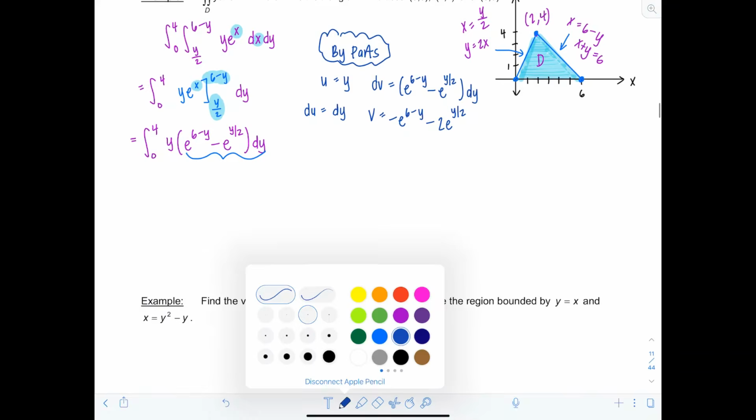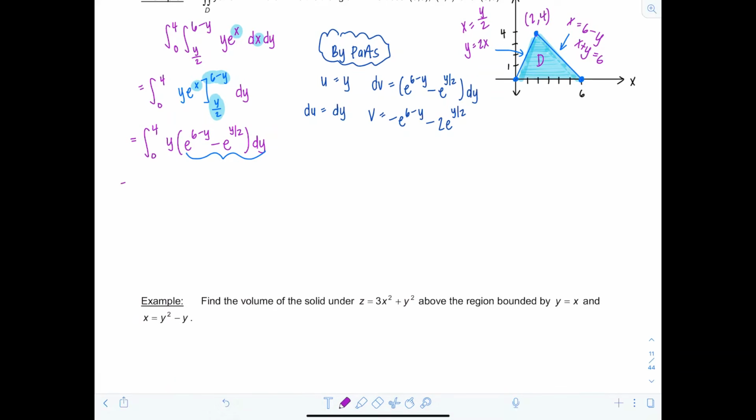So then from here, remember, you take this product here, and let's distribute while we're at it. Okay, we can handle it. So we'll have negative y e to the 6 minus y minus 2y e to the y over 2, and then I have to evaluate that from 0 to 4.